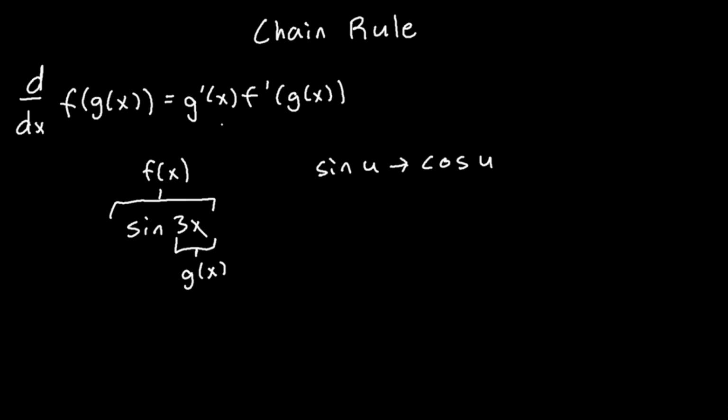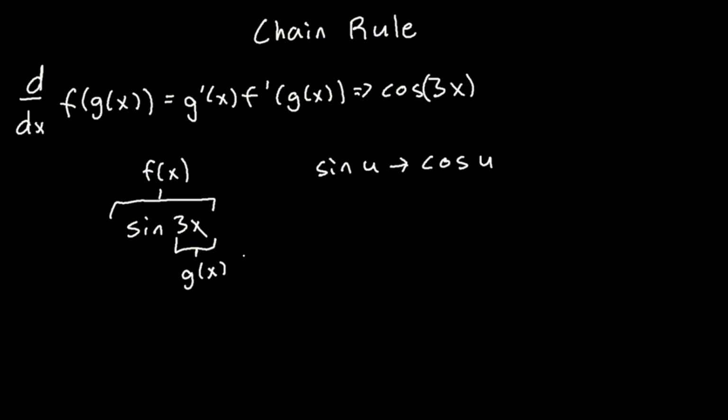Correct? So the derivative of your outer function, f prime, in our case, is equal to cosine of, well, our function stays inside, so cosine of 3x. So cosine of g of x, which is 3x in this case. But chain rule states that we need to multiply this function by the derivative of g of x.